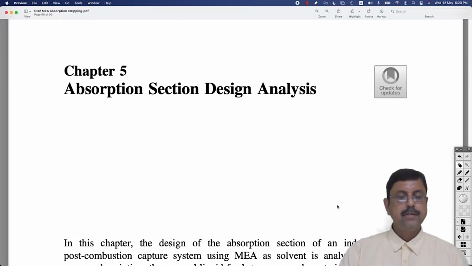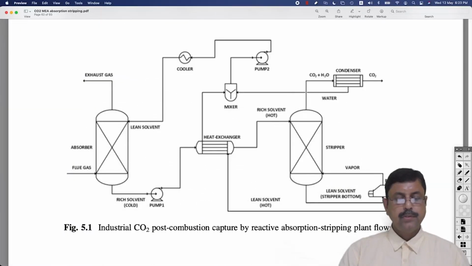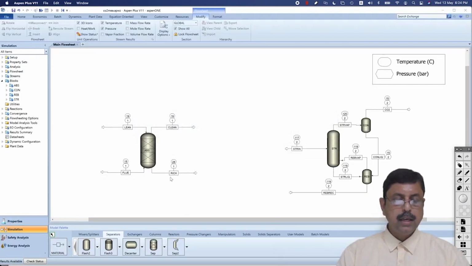Before that, let us refer to the chapter 5, where the design analysis has been integrated. So this is the industrial CO2 post-combustion capture by reactive absorption stripping plant flow sheet. Now here we have to use a heat exchanger and a pump while sending the rich solvent from here to the stripper. So obviously we need a pump because here the pressure is 1 bar and here the pressure is 2 bar.